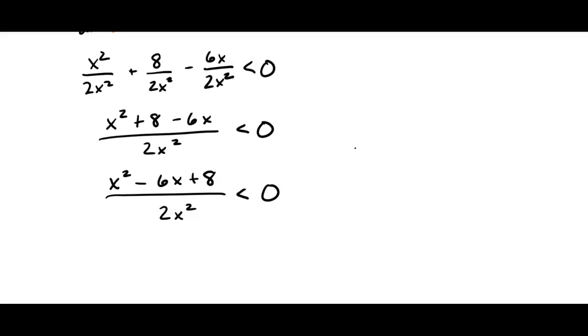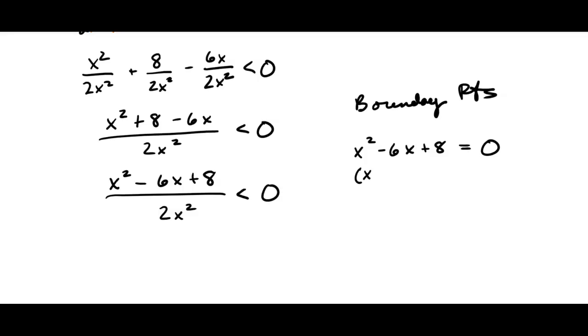So when does x squared minus 6x plus 8 equal 0? So over here we're doing our boundary points, and we do that by setting the numerator to 0 and the denominator. So this factors x minus 2 and x minus 4, so I get x could be 2 or 4.